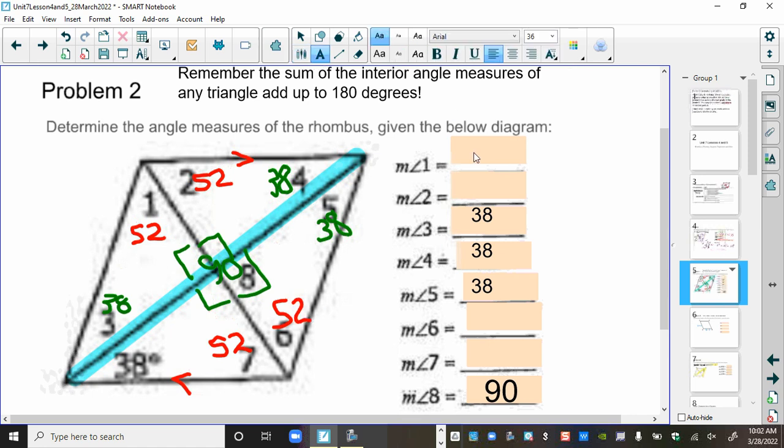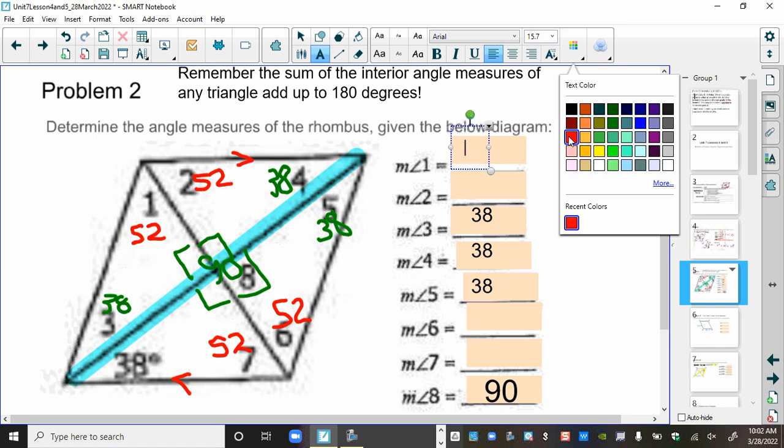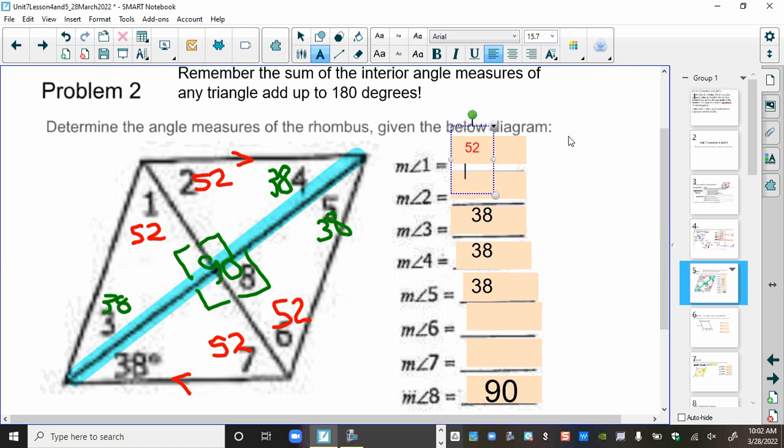So really, 52, 52, and then down here, 52, 52.